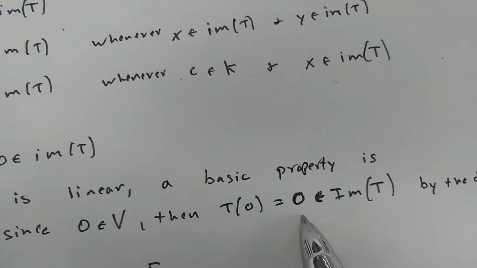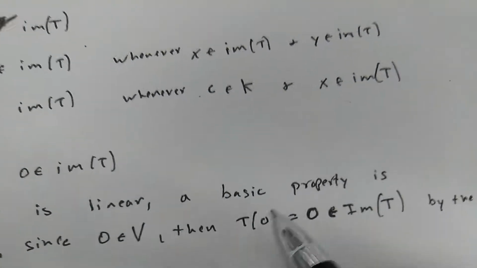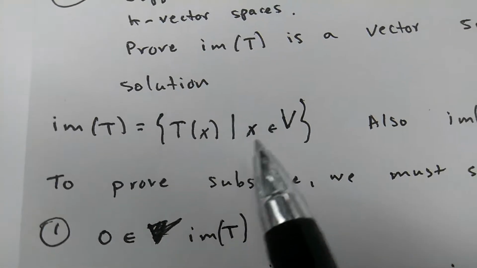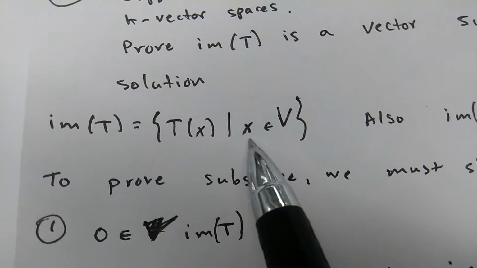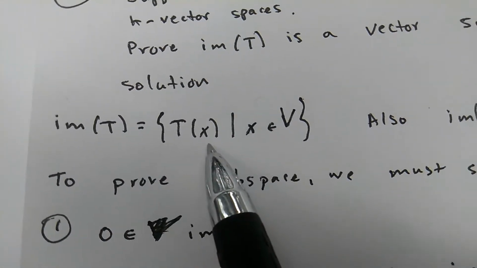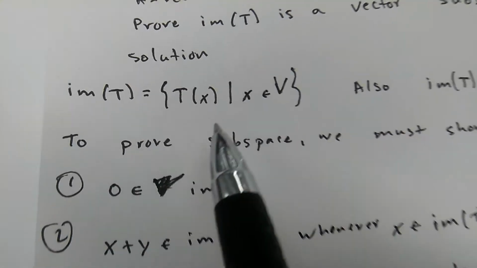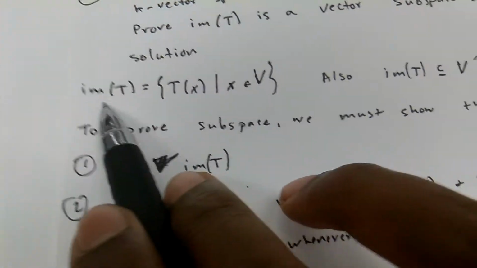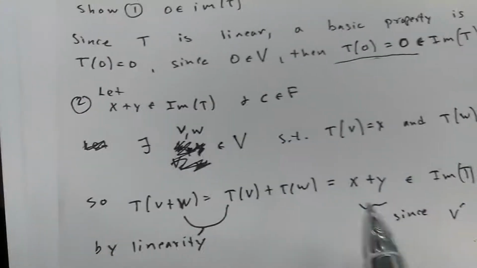This is by definition in the set image of T, because if you look at the set, take this X to be 0, apply the transformation to that 0, we get T of 0, which is 0. That's inside the set image of T.